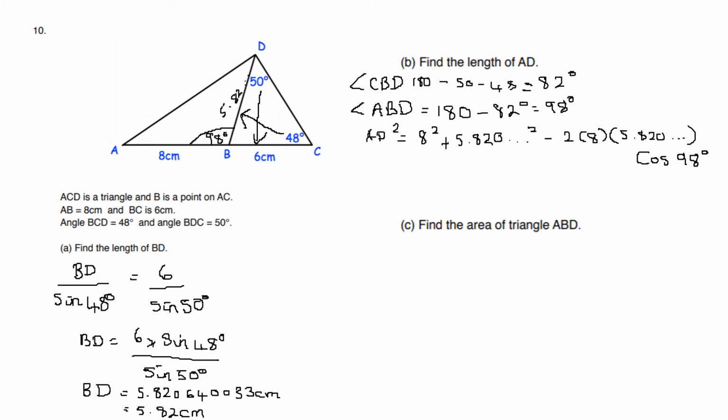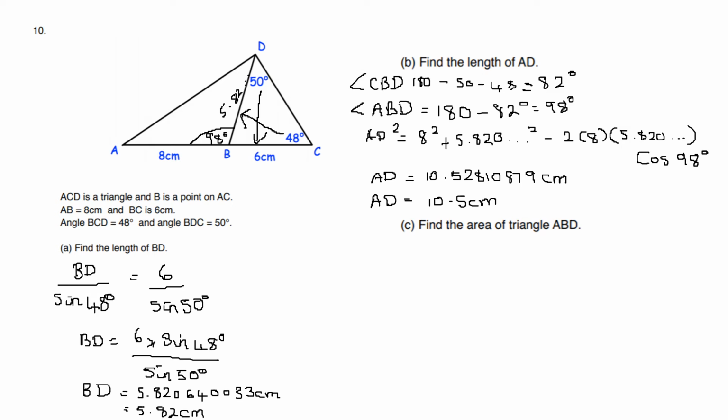And then we pop that into the calculator and we get AD as being equal to 10.52810879 centimetres, which we can write to 3 significant figures as 10.5 centimetres.